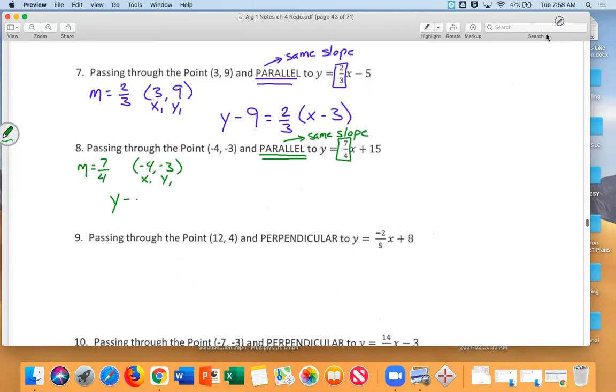So y minus -3 equals 7/4 times x minus -4. Now with this one, I want to clean it up. Two negatives make a positive. So I'm going to rewrite this as y plus 3 equals 7/4 times the quantity of x plus 4.